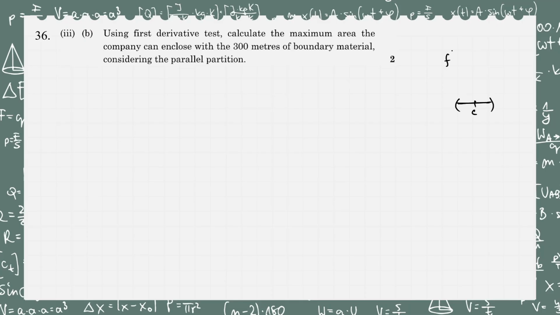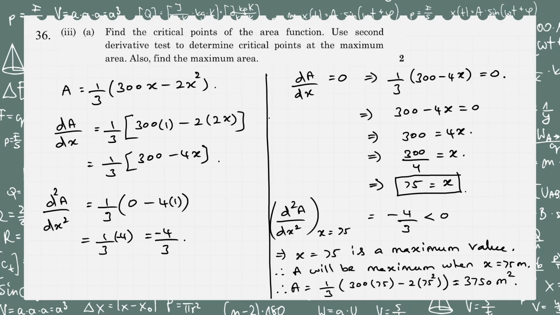For example, if f dash of x is greater than 0, then the function will be increasing in that zone. And when f dash of x is less than 0, then the function will be decreasing in that zone. So depending on that, we can decide what type of point the critical point was, and that will conclude the result.